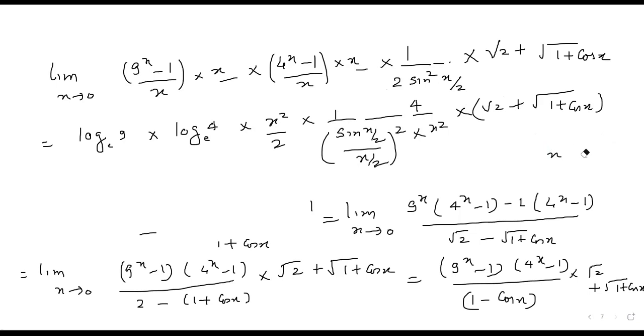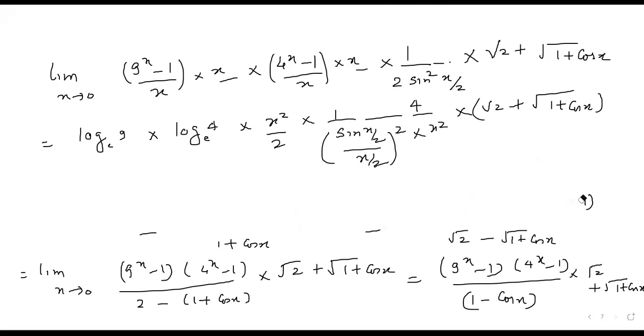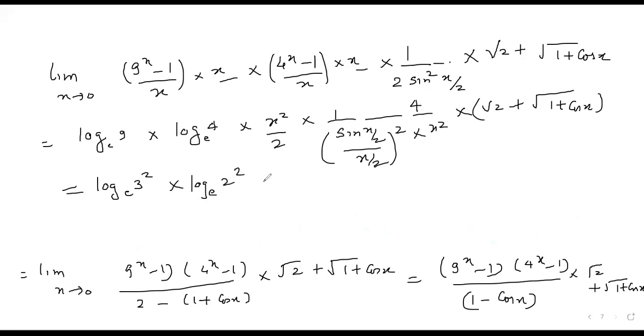Now further, it will become log 3 square, log 2 square, into this x square will cancel out, this 2 will make it 2, and if we put x equal to 0 here, it will give root 2. Root 2 plus root 2 will give 2 root 2, and 1 2 is here also into 2.